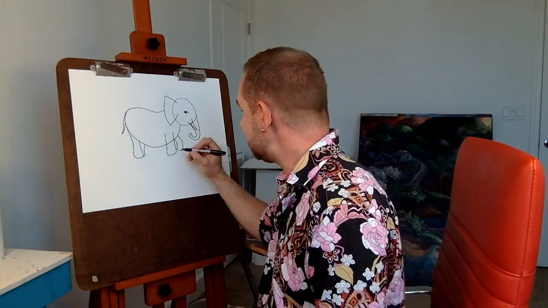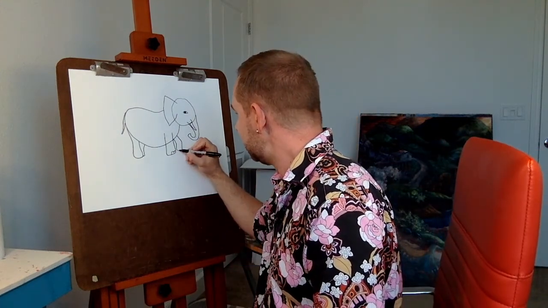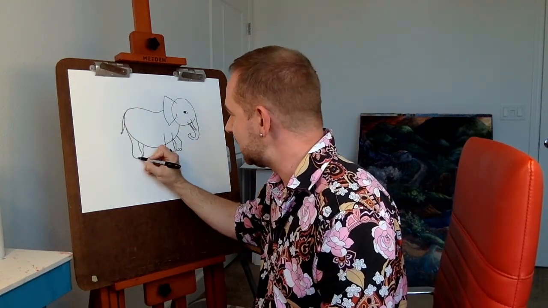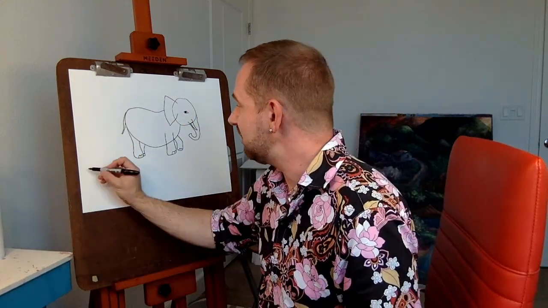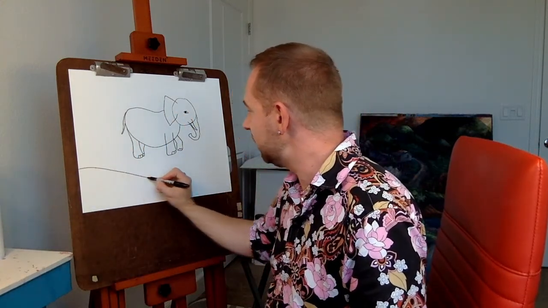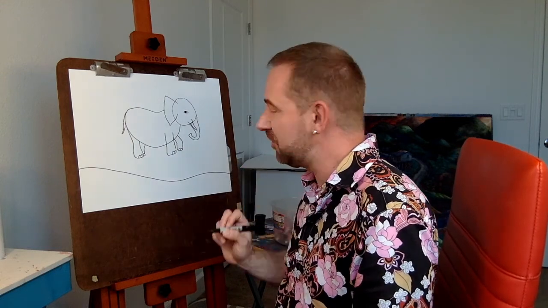All right, so there's our basic elephant. Let me draw some little elephant toes. All right, and now I want to draw a background. So I'm just going to draw some hills. Do one hill way down here in the front. Another one back here.